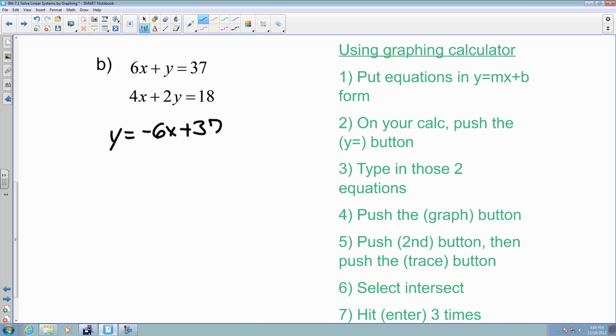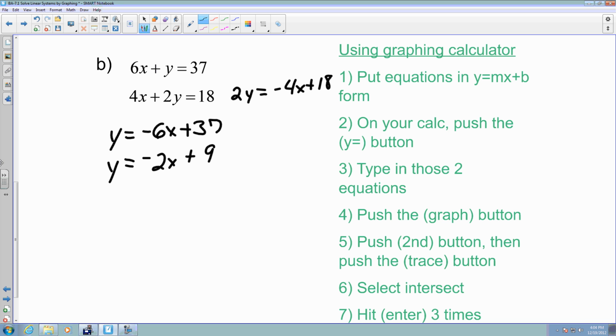Same thing for the second one: 2y equals negative 4x plus 18, because I subtracted 4x from both sides. I divide everything by 2, which gives me y equals negative 2x plus 9. So I got it into y equals mx plus b form.